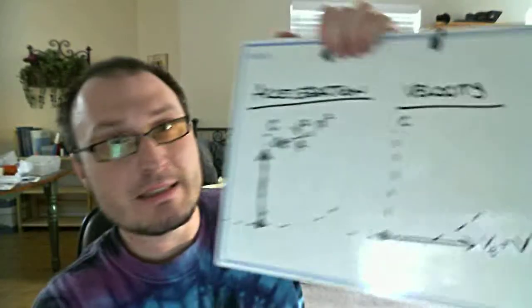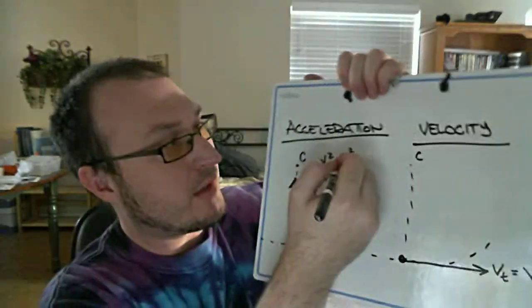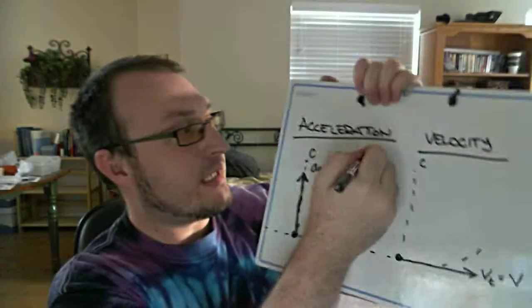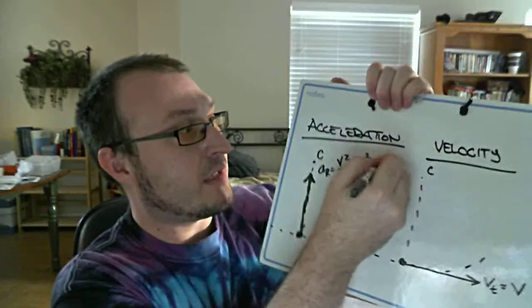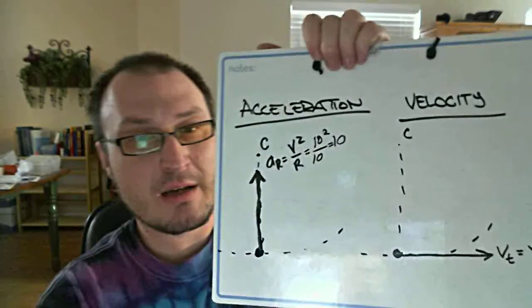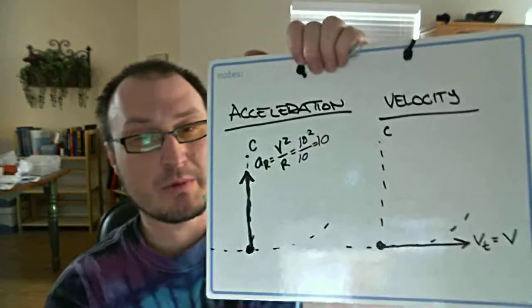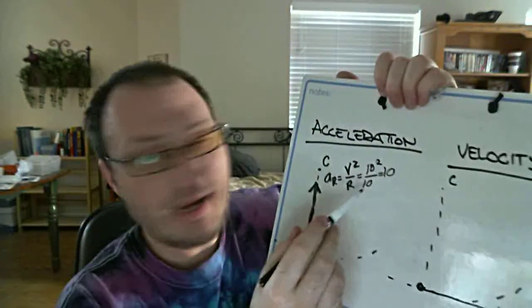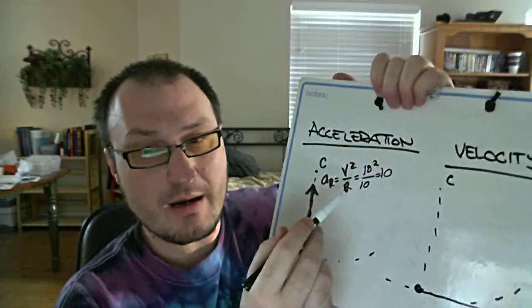But the velocity is 10, so I get 10 squared. The radius is 10. So the radial acceleration is going to be 10. I'm leaving the units off because we are trying to save time when we work these problems. We want to work these problems fast. Don't ever do that when you're actually working physics problems.